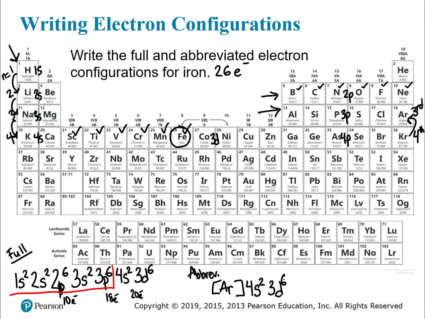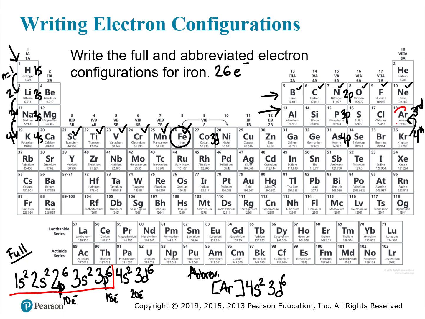So it may not necessarily be 2, but yes. The pattern is always to use the noble gas in the period above the one that contains your element. And then you fill in the rest between that noble gas.